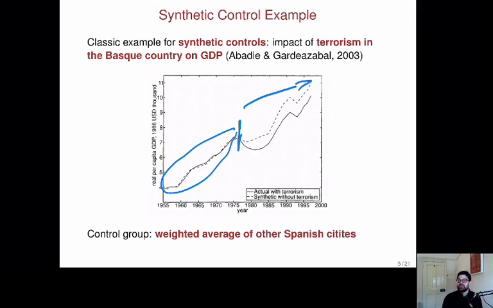Now, the assumption behind this is the same as with diff-in-diff, namely that of parallel trends: that in absence of the treatment, the treated and control groups would have moved in the same way. So that in absence of the treatment, the trajectory of the Basque Country would actually have been this dashed line here.